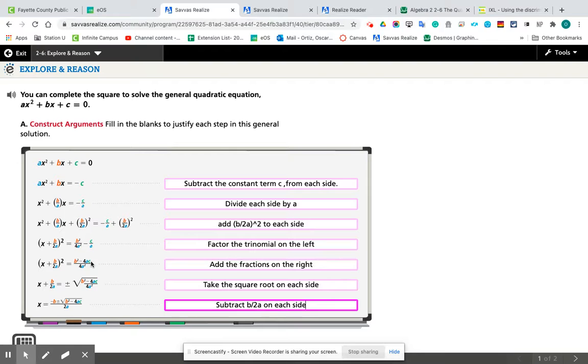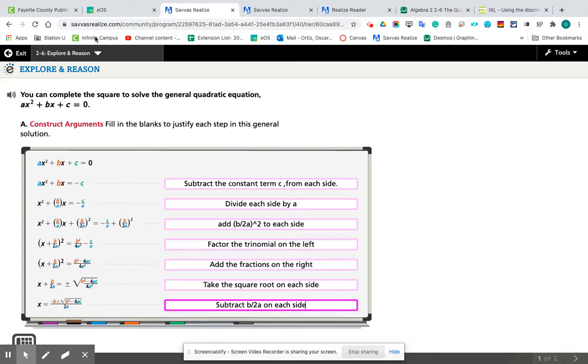And over here, we are just adding those two fractions. Once again, I don't want you guys to get into the details, but I wanted to show you that there is a way to derive the formula. The important thing to remember is the formula at the bottom, and we'll use it, given the values of a, b, and c, to find the answers or solutions to the equation at the top.